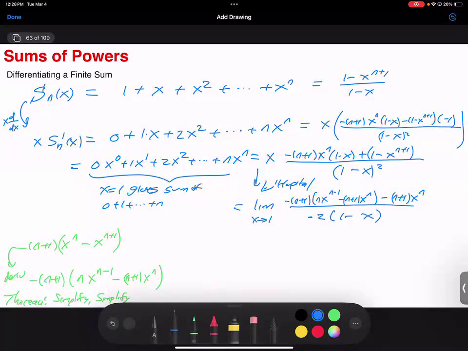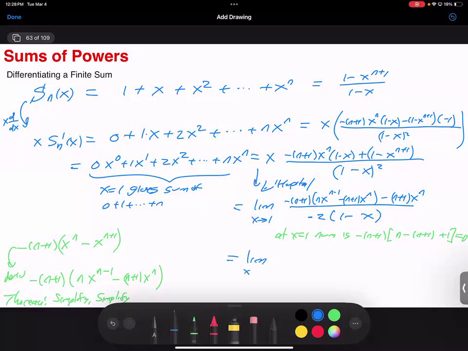Oh, also 0. So notice in the numerator, both factors have an n+1. We can pull that n+1 outside. They both have a negative sign, we can pull that outside. So at x equals 1, the numerator is -(n+1) times (n minus (n+1) plus 1). And what does that equal? 0.